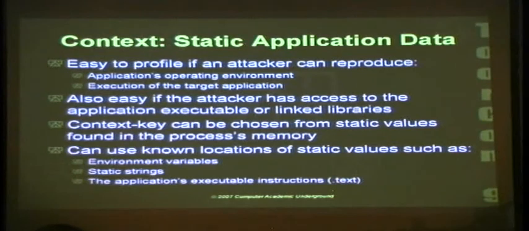So it's also easy if you have access to the executable, which creates the process that you're going to be exploiting. The context key can basically be chosen from static values found in the process's memory. And you can use things with known locations, static values, the actual application's instructions, things like that.